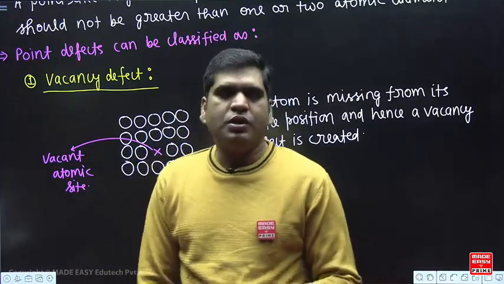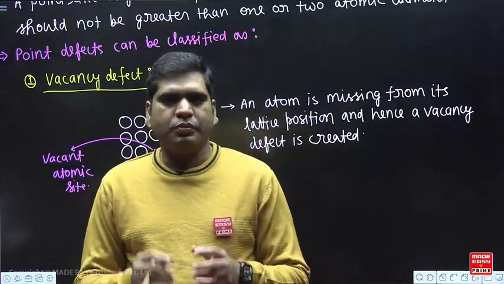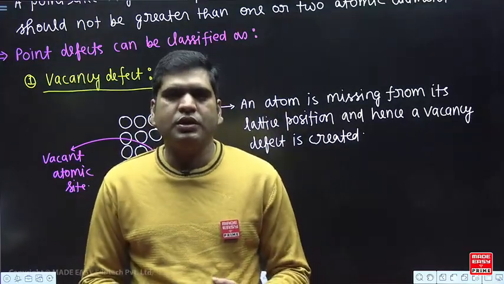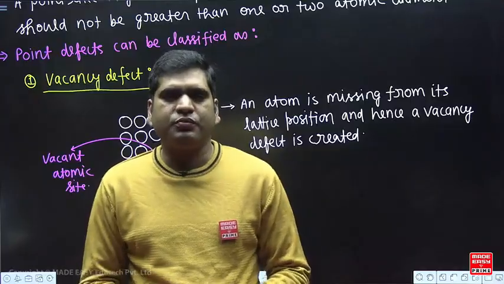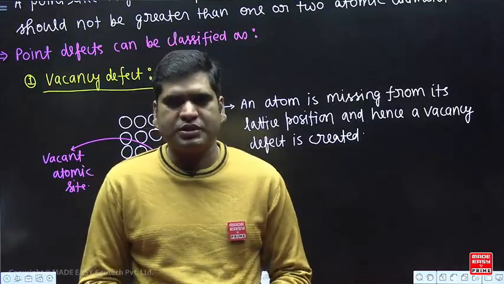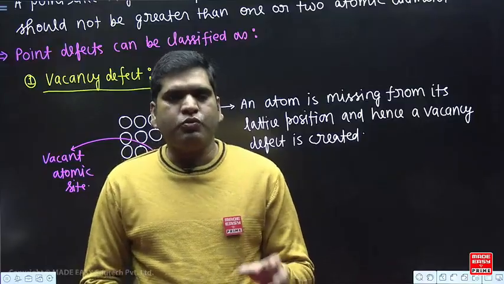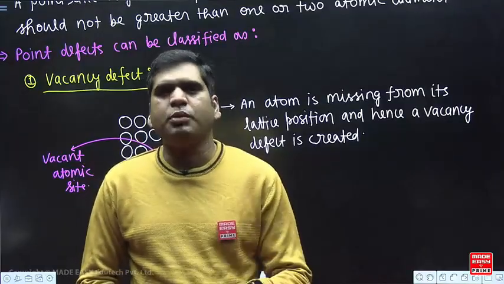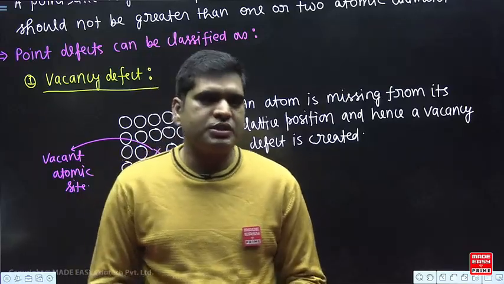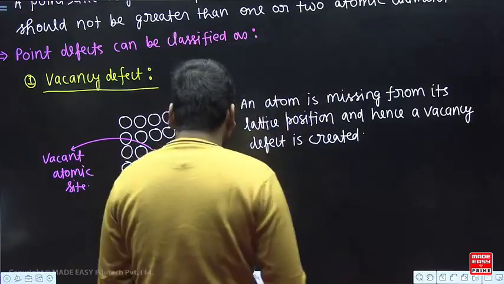If any bond is broken, the atom will become free and may move from its place to another place. From where the atom is moving, at that point you will get a vacancy defect. So with increase in temperature, this kind of defect keeps on increasing.